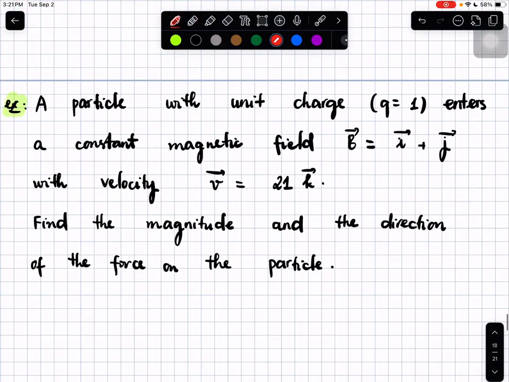Now here's an example. A particle with unit charge, so we have Q equal to 1 in this case, enters a constant magnetic field.